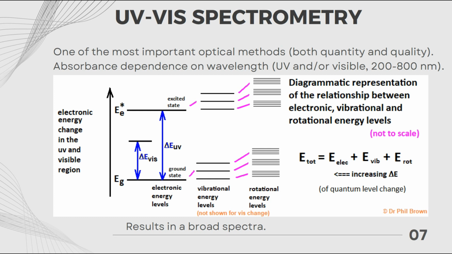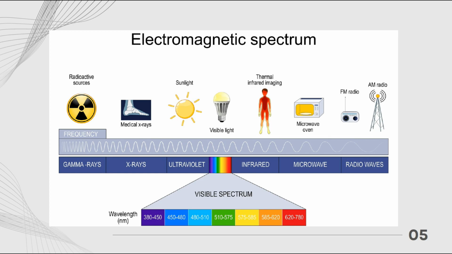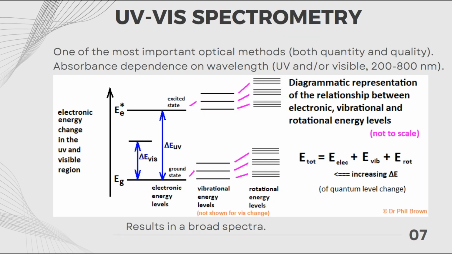So by this abbreviation UV-Vis, we are talking about ultraviolet and visible radiation spectra. Usually for ultraviolet, we talk about near ultraviolet ranges, which are located somewhere here, but it's just the extent to which we make our analysis.